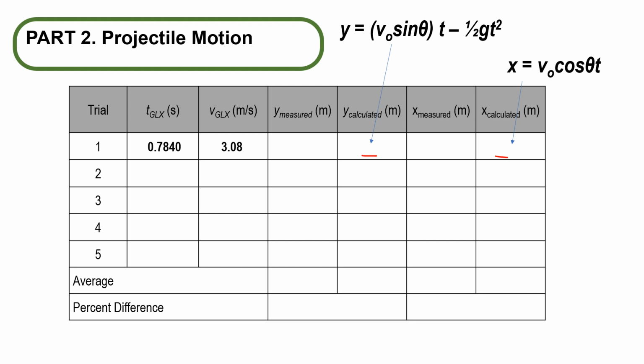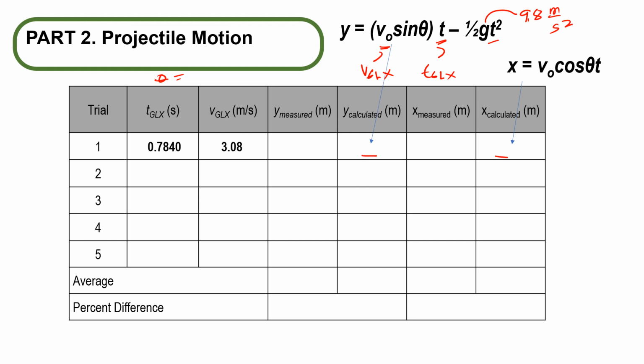To compute the vertical displacement, we use this formula: y, the calculated value of the vertical displacement, is equal to the initial velocity VGLX times sine theta, whichever angle you set on the Explorer GLX, times the time TGLX, minus 1/2 multiplied by g, the constant acceleration due to gravity. Here we use 9.8 meters per second squared, multiplied by the square of the time TGLX. This is how to compute y calculated.